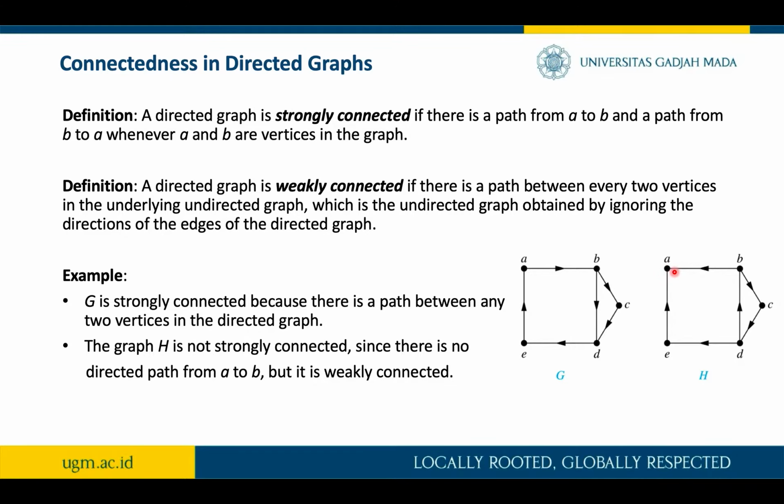There is no edge from A to any other vertex. So this is not strongly connected. But if we eliminate the direction here, then what we get is a connected undirected graph. That's why graph H here is weakly connected.